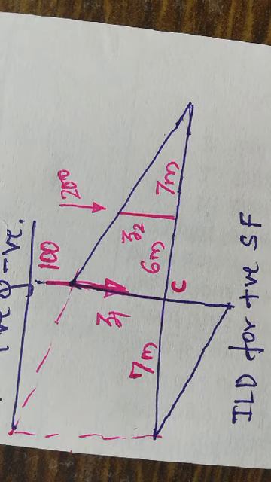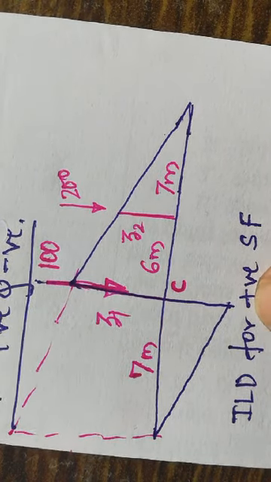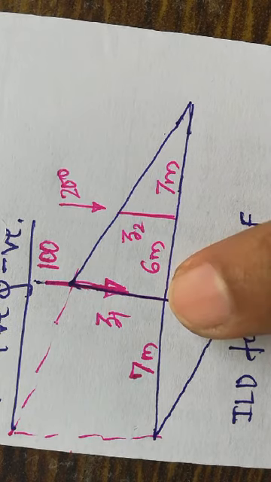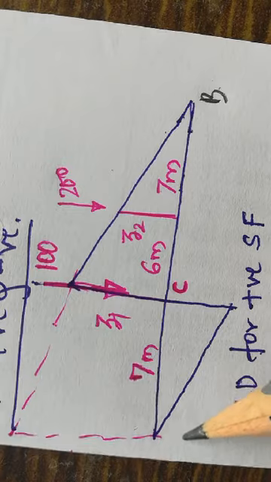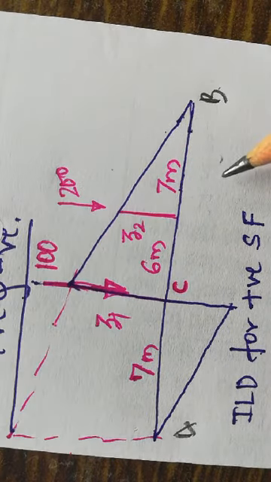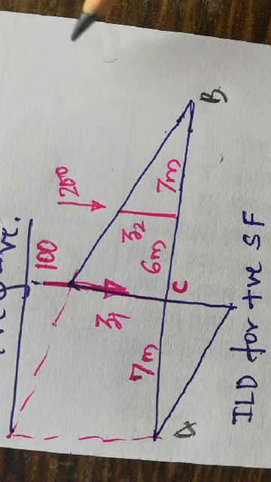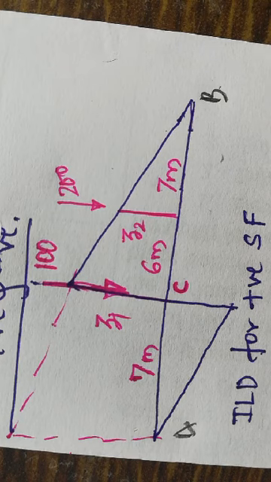To get the maximum positive shear force, the load should be on the CB section. You can note it down: for positive shear force, the load should be in the CB section.